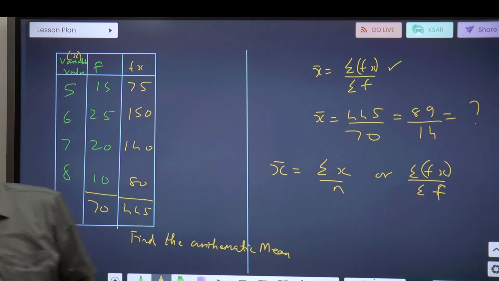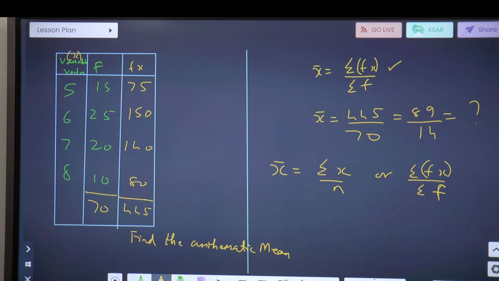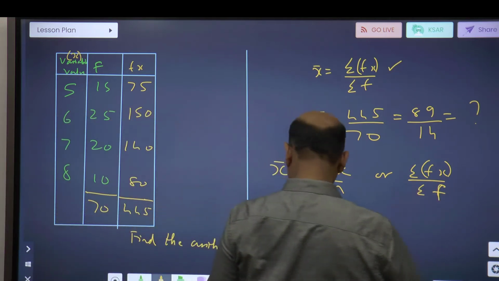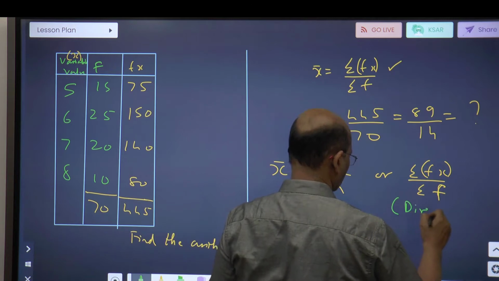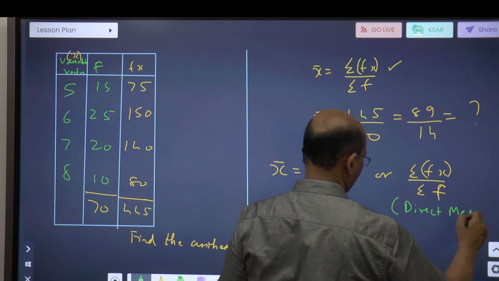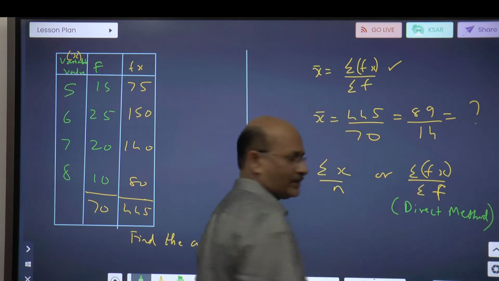Now, I would not say this method is called by some special name, but you can also say it is the direct method. This method is called the direct method, because sometimes they will tell you to use the direct method and solve.